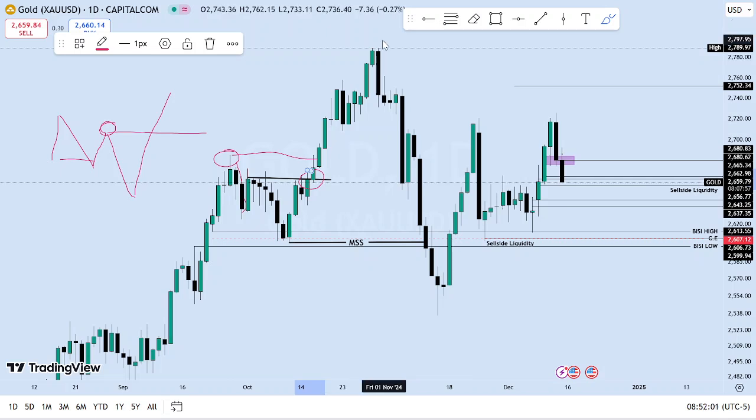We had a manipulation, a Judas swing, that is speed of price going up. We created another high here and a low. We break above this up-close candle. Look at this.